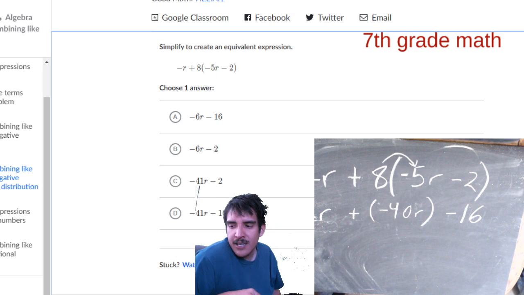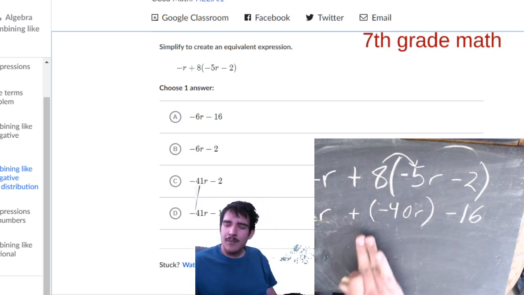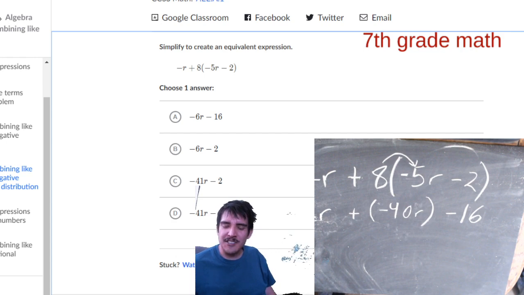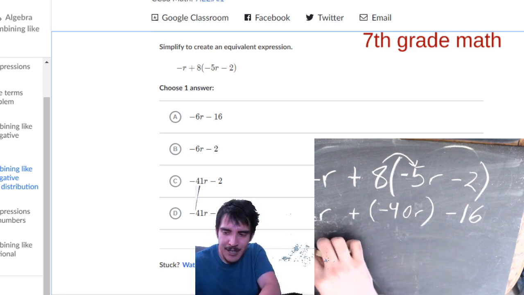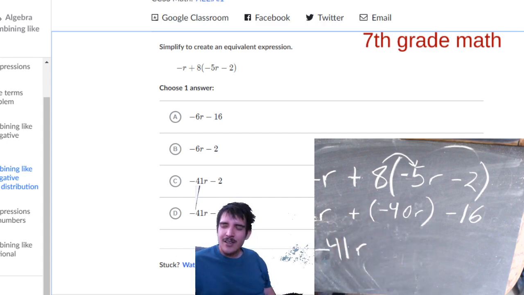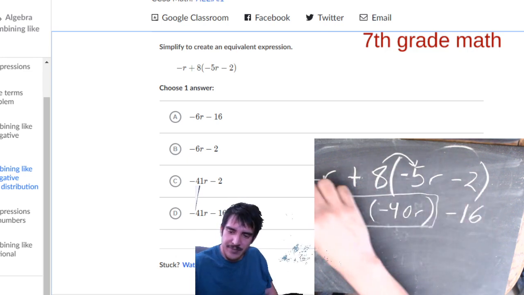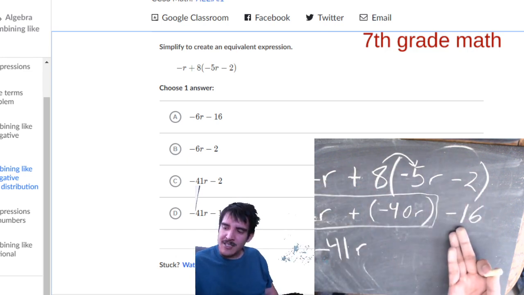Whatever you want. Then we have negative 1r plus negative 40r. So it's like you lost 1r, then you lost 40 r's. And so when you take a negative 1 and a negative 40 and combine them, you get a negative 41r. That's what you get when you combine these two. Cool. What else is left to bring down?